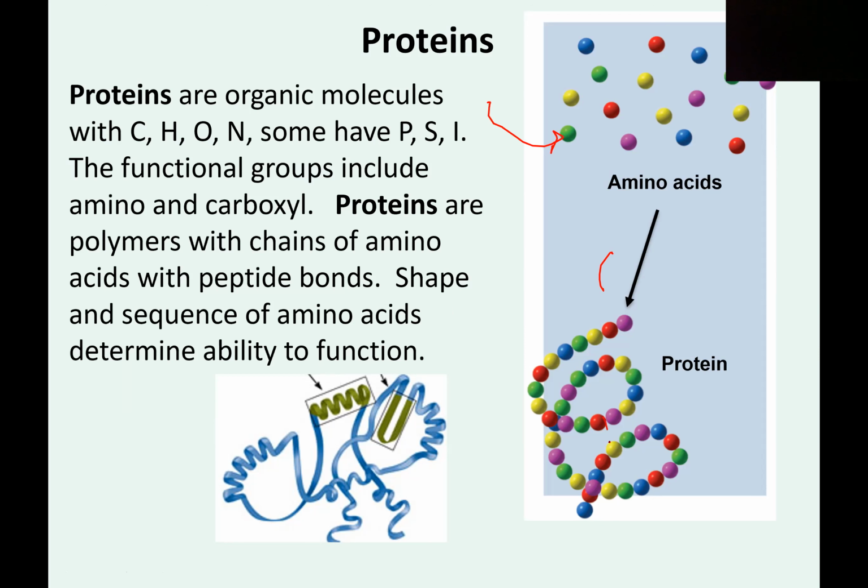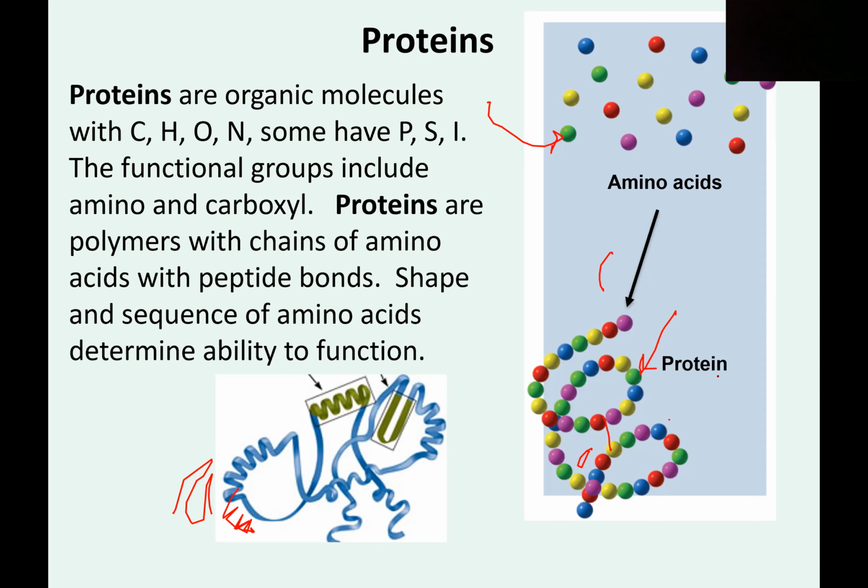And so when we make chains of them, down here you get proteins. This shows an extended version where the chain starts curling together, or it can fold back and forth. Again, with proteins, they have to have a specific shape in order to carry out their function.